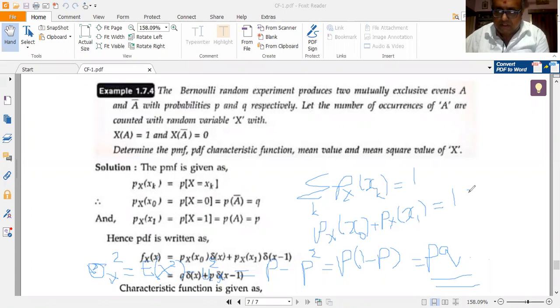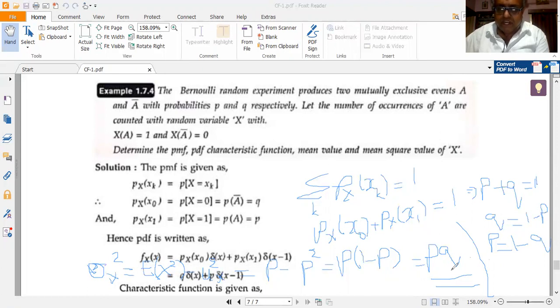Now this gives me P plus Q is equal to 1, or Q is equal to 1 minus P. Or I can also write it as P is equal to 1 minus Q also.